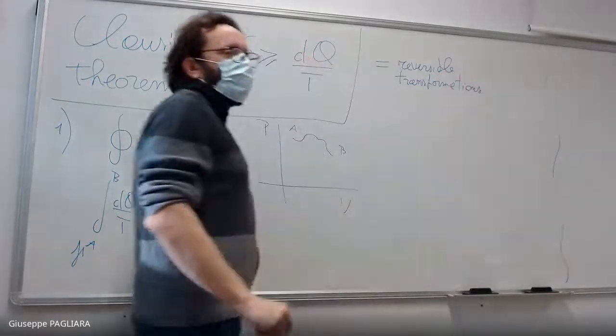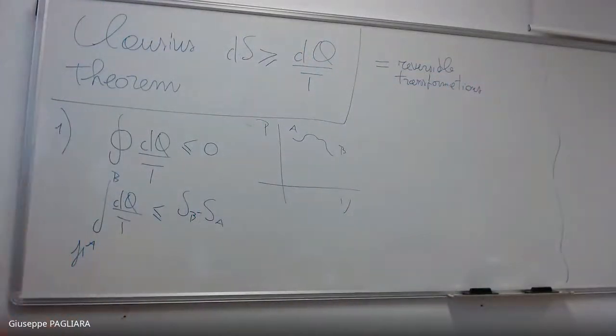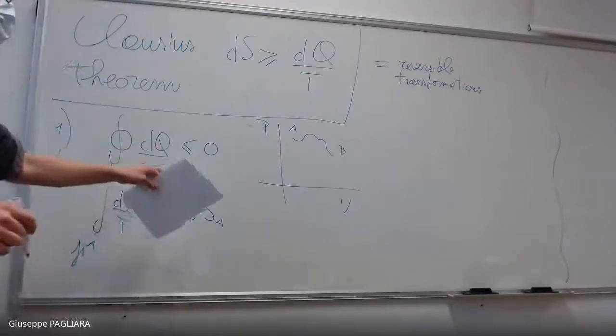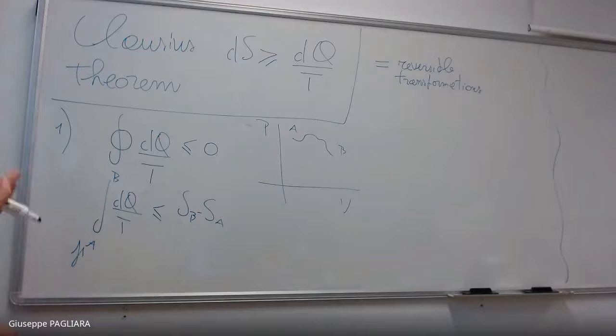That, I remind you, means just that I'm following a sequence of quasi-equilibrium thermodynamical equilibrium states, whereas the inequality holds true in the case of irreversible and therefore more realistic transformation.